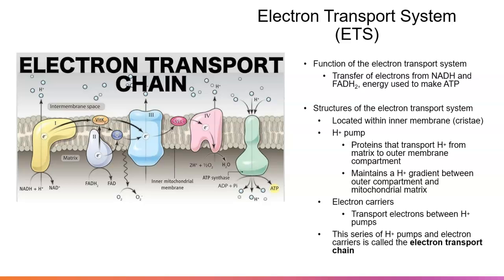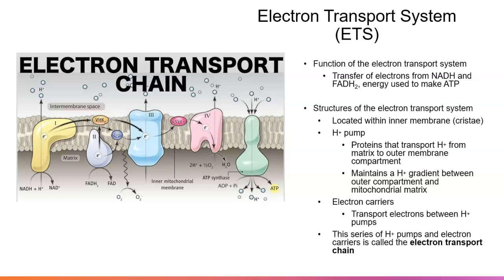So the electron transport system is where the majority of the energy that was originally in the glucose molecule, which was transferred to the coenzymes, is now going to be released from those coenzymes and transferred to form our high energy bond that attaches that other phosphate to the ADP, and ATP is made.